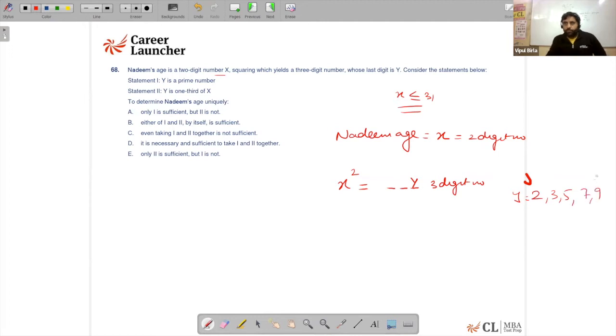Now I know if I take a square of any number, it will never end in 2, never end in 3, and never end in 7 as well. So therefore the last digit, that is y, is going to be either 5 or 9.